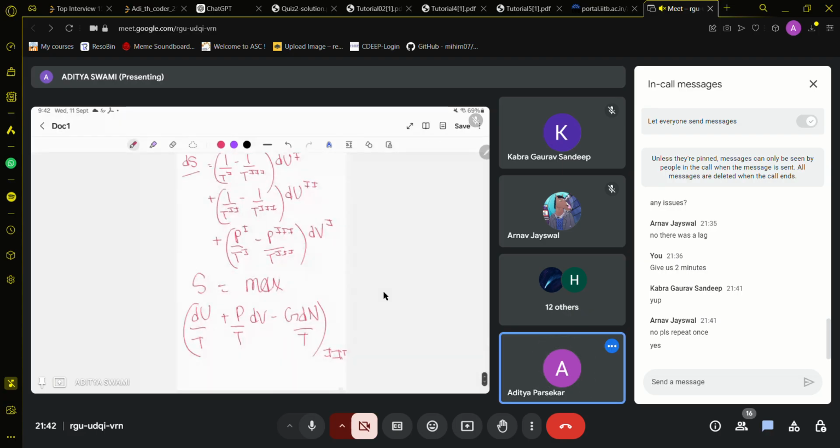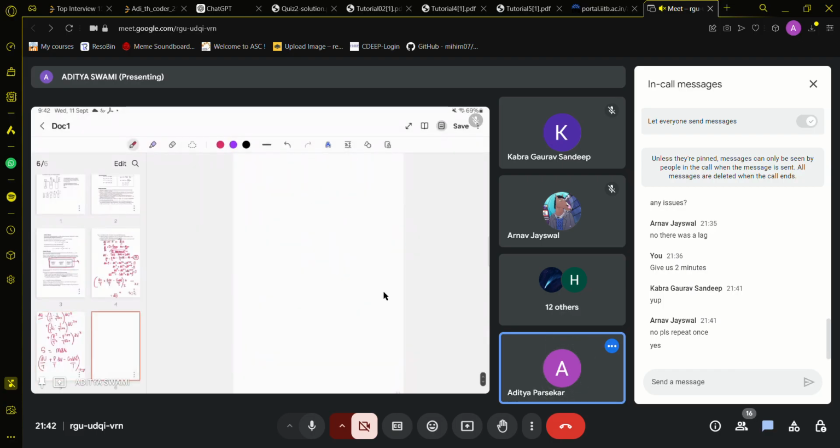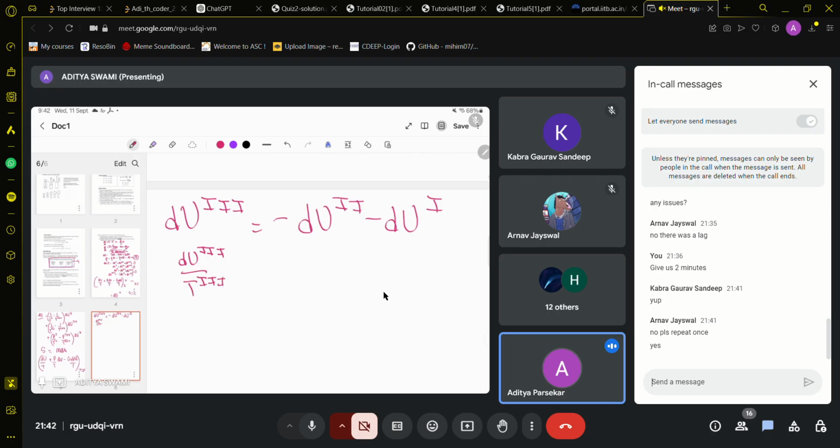So if I substitute du3 equals minus du2 minus du1, what am I going to get? du3 by t3 is going to become minus du2 by t3 minus du1 by t3.